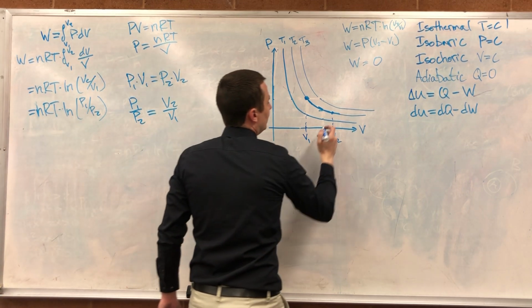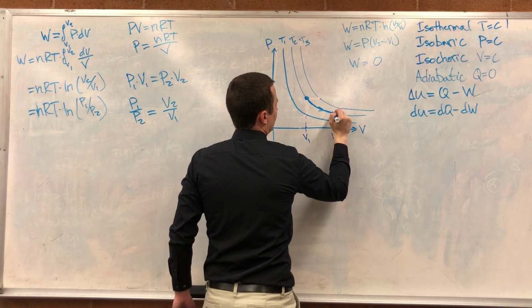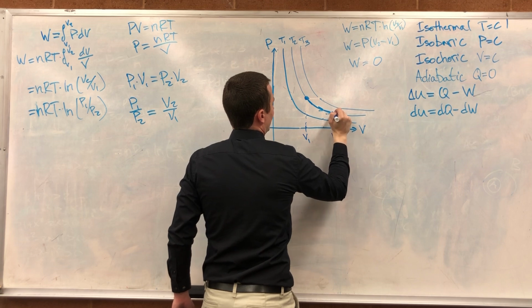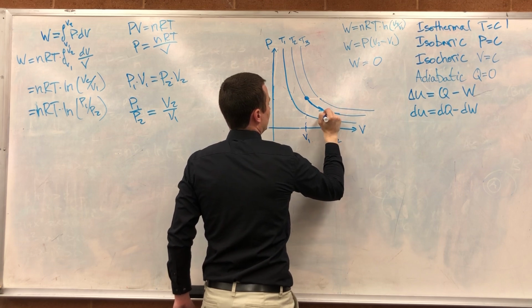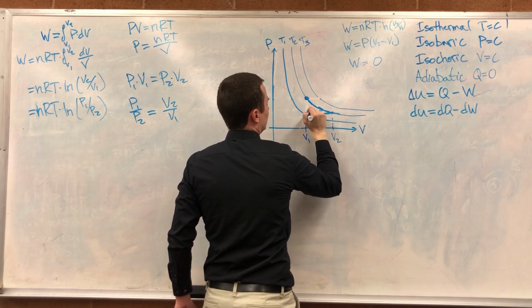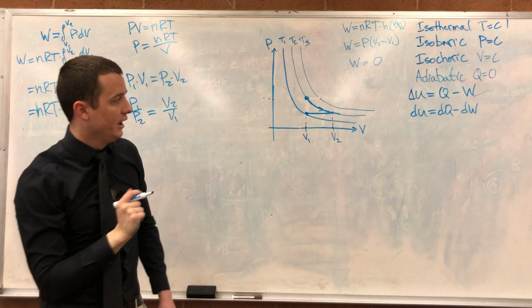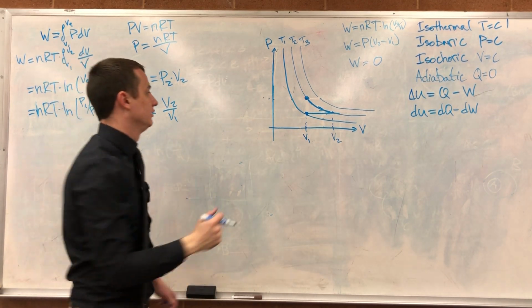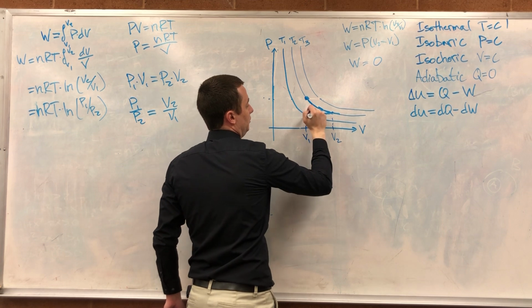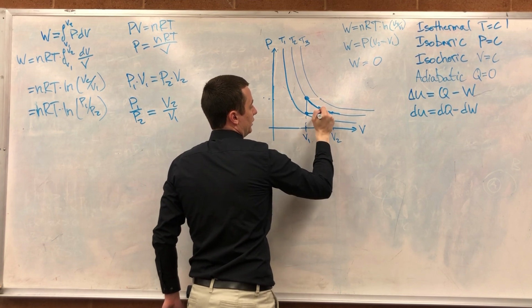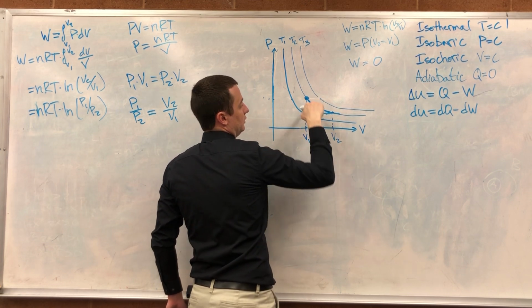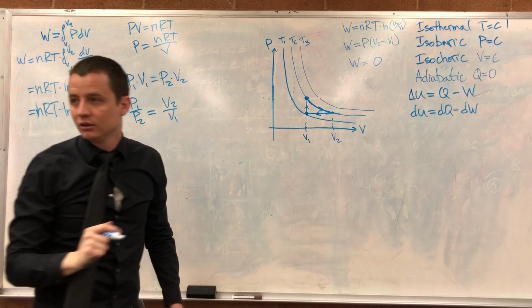Step 1. Step 2 is we then compress it at a constant pressure back to here. And then we add heat to the system, keeping the volume the same to get it back up to temperature here. So it goes around like that. And then we repeat the process.